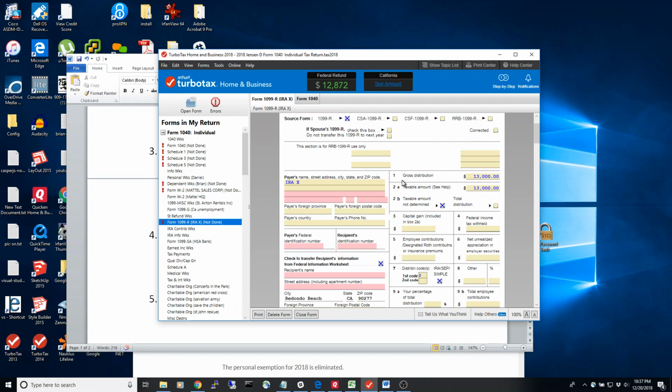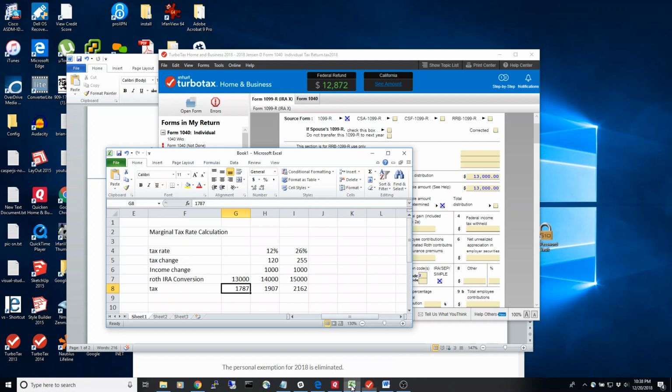Then what we do is construct a table, and we're basically going to enter different amounts, and then what the corresponding tax is for that, in a table like this. And then we will compute the marginal tax rate for each step in the income.